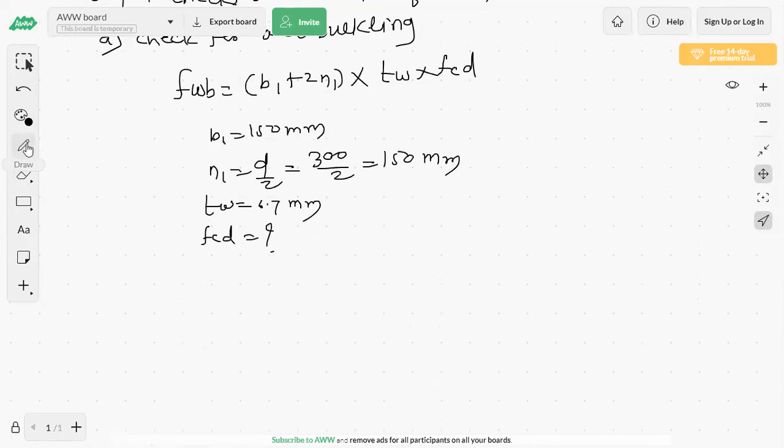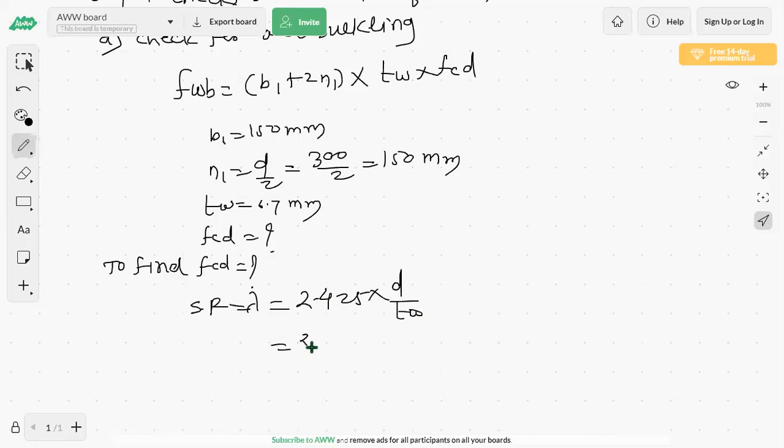To find FCD, we have to calculate the slenderness ratio, lambda. So 2.425 into D divided by TW. Please check: 2.425 into D, which is 300, divided by TW, which is 6.7.